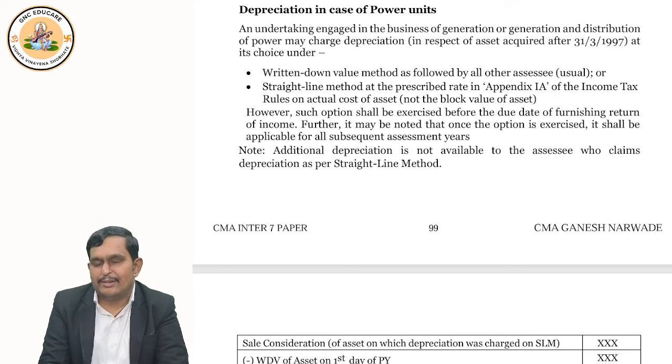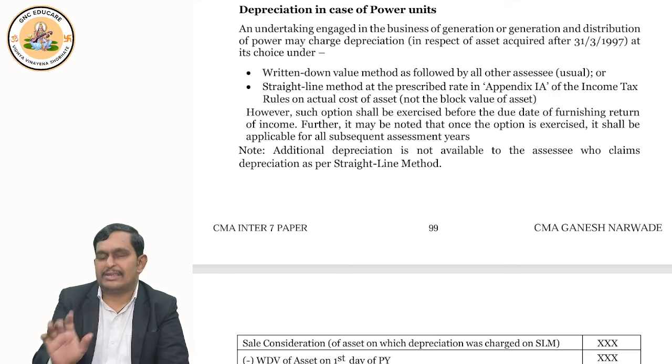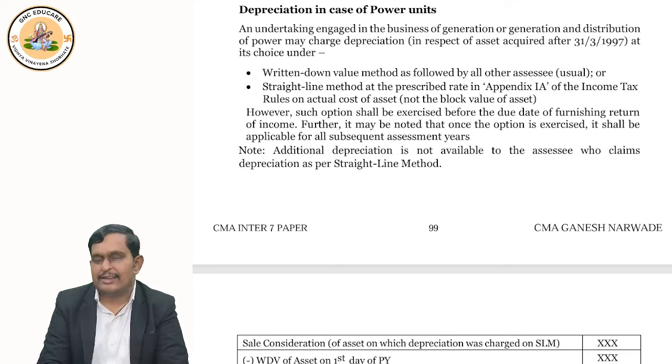Similarly, for intangible assets, depreciation is claimed on the WDV method. There is no choice. Choice is there only for tangible assets, where they follow straight line or WDV. And that too should be exercised before filing return, and once exercised, it will continue for the lifetime. They cannot change. Okay? Very good.